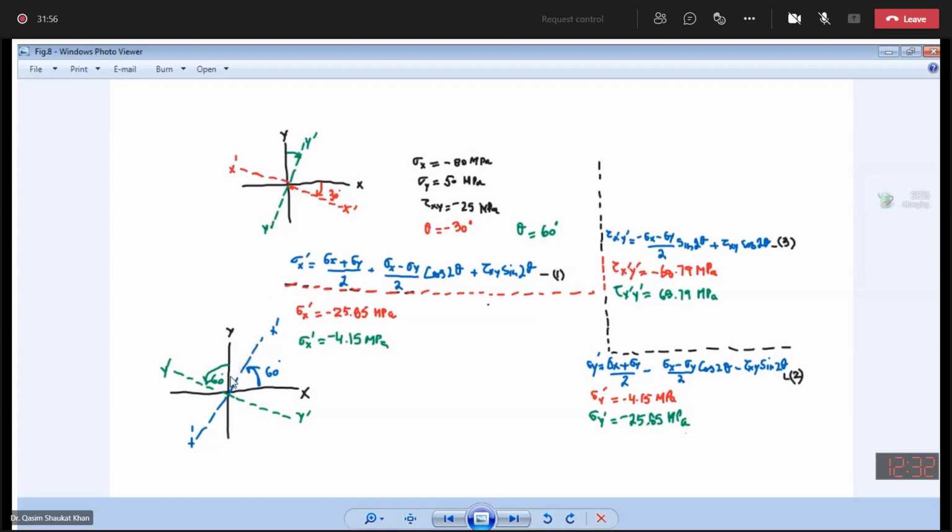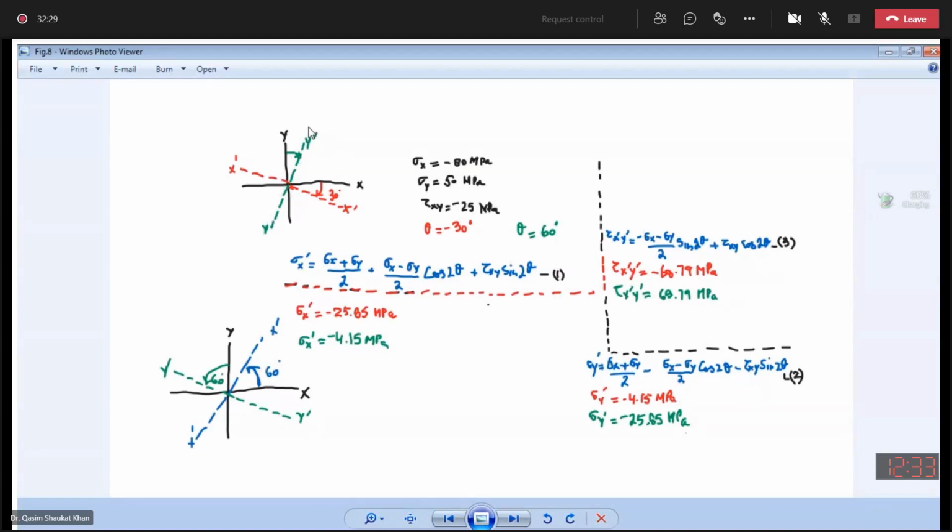So it means that the normal stress depends on the orientation of the plane. Whether it is x or y, over this plane you will get the same value of the normal stress. Is this point clear? Sigma x dash is minus 4.15 and here sigma y dash is minus 4.15.